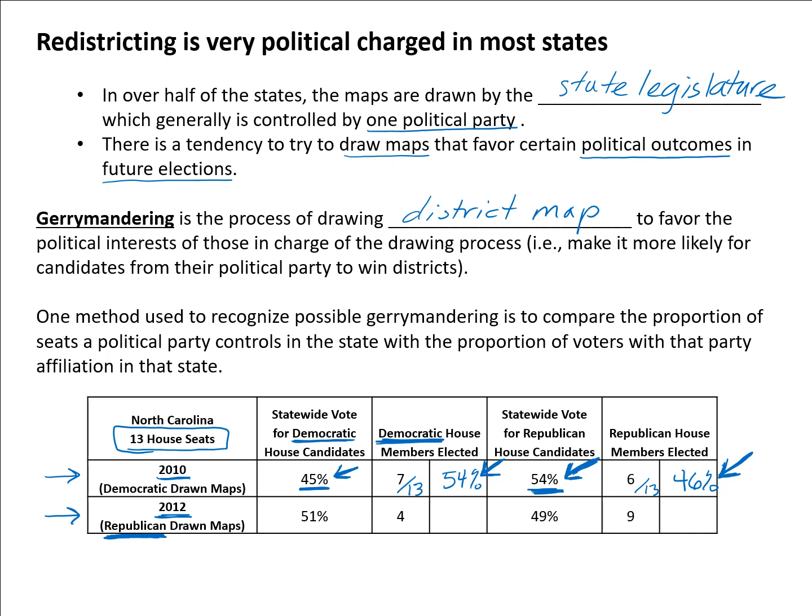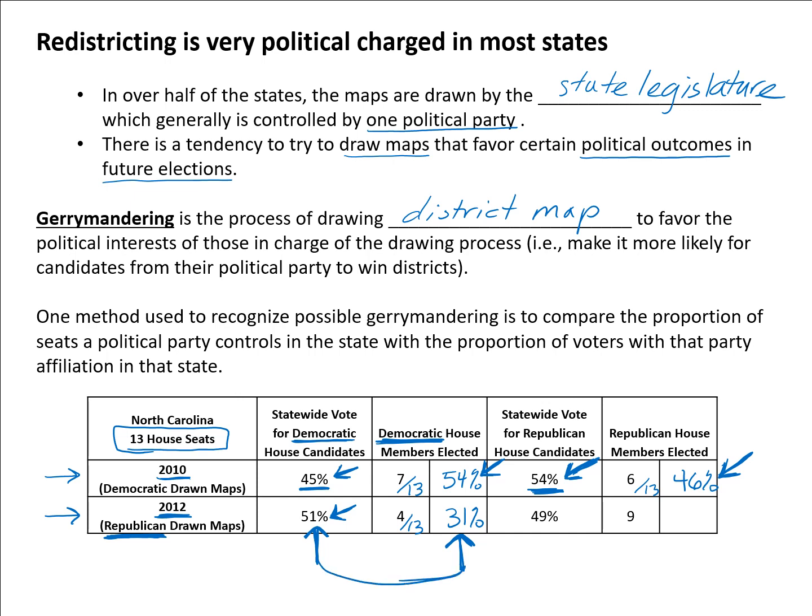In that 2012 election, 51% of the votes were for Democratic candidates, but only 4 of the 13 House seats went to Democratic candidates. 4 divided by 13 is only 31% of the seats. We went from 51% of the vote going to Democrats, but only 31% of the seats in Congress were elected Democrats for the state of North Carolina. So there was a big shift.